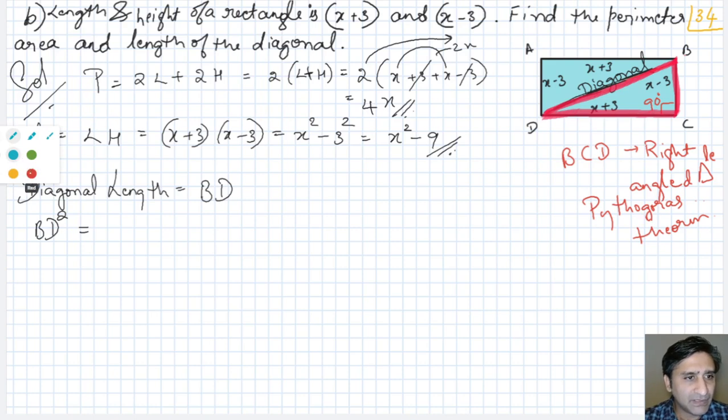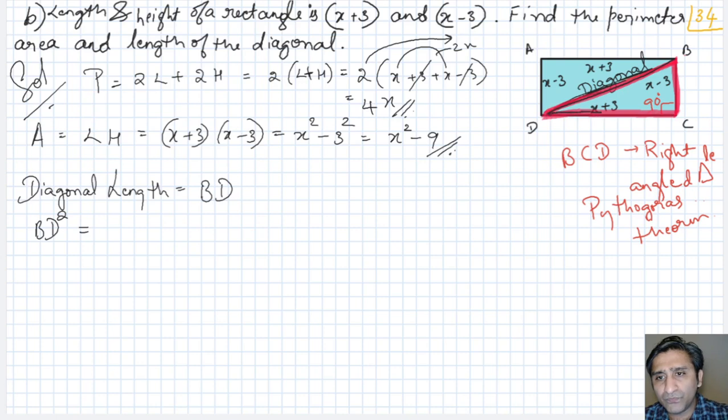Now this line BD, when I square that line, is equal to the square of this line added to the square of this line.